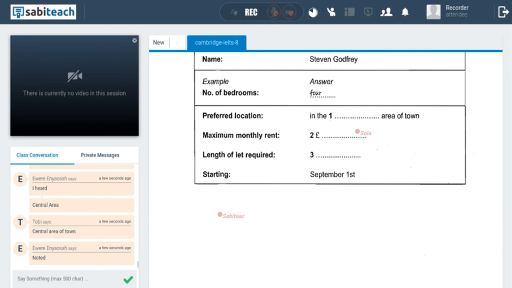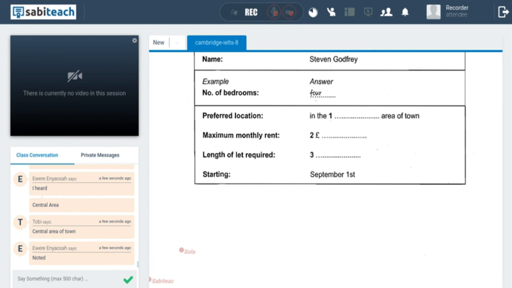So you have to listen carefully. If you have a note or anywhere you can write the answers beside you, write them there, so you'll be able to answer questions 2 to 8.